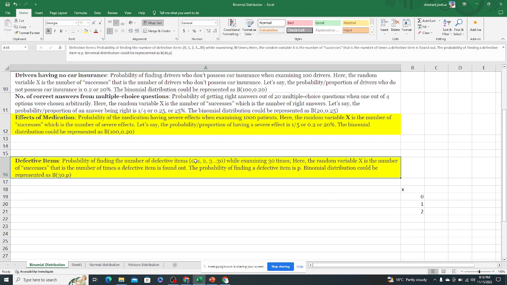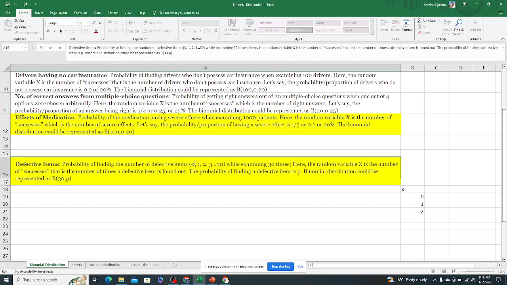It's either 0, meaning no defective items, up to 30, meaning we might have one defective item, we might have two, we might have three, and we can also have all our items defective.